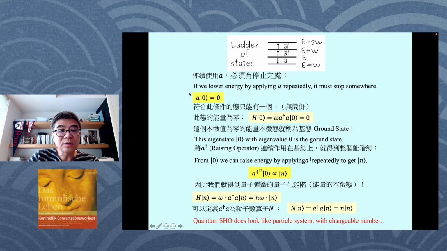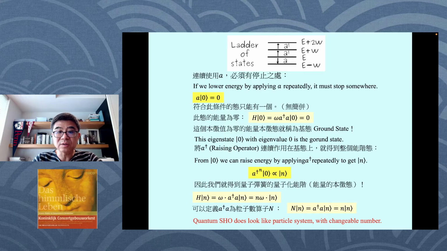This state we'll call the vacuum, or ground state. If you calculate the Hamiltonian of this state by acting H on |0>, you get exactly 0. So this |0> state, the ground state, is an eigenstate of the Hamiltonian with eigenvalue 0. Okay, so that's good.